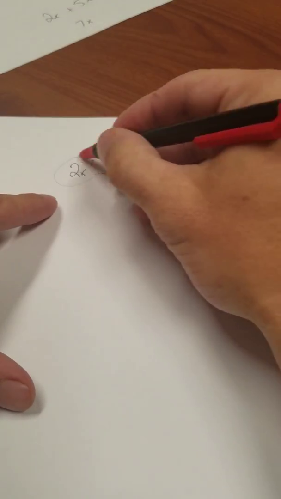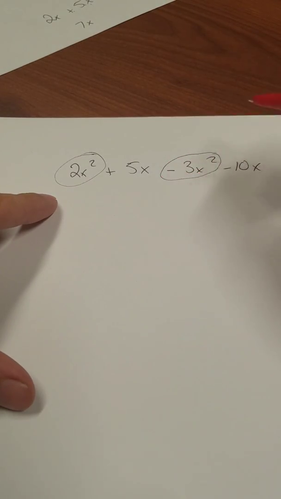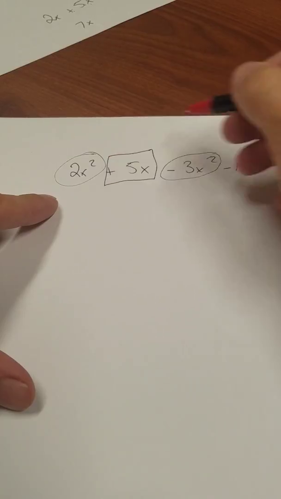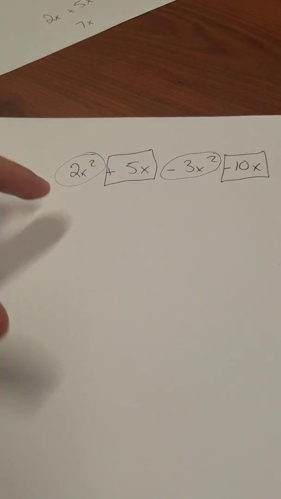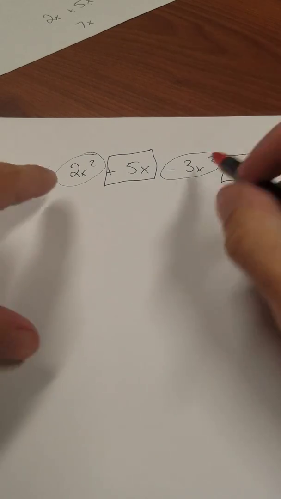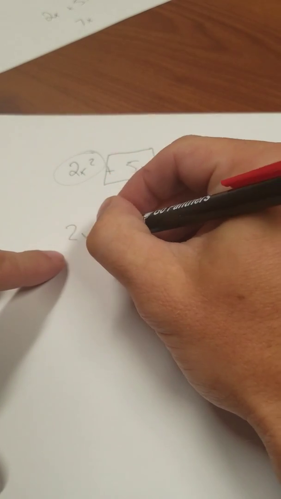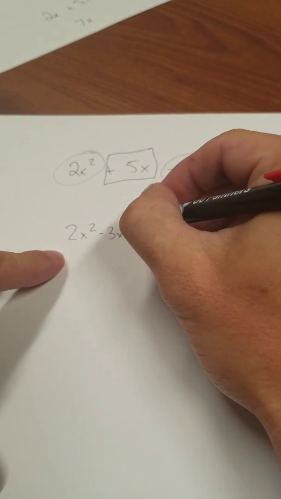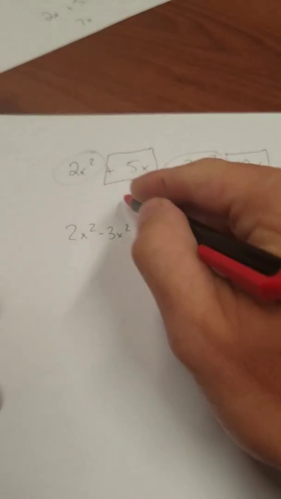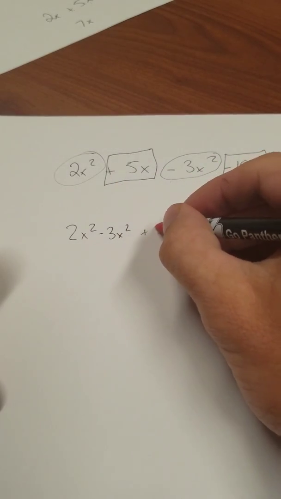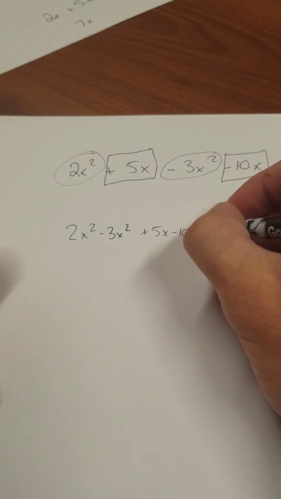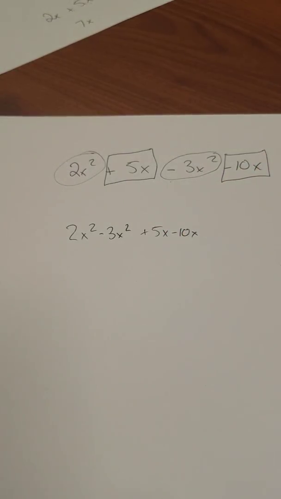So those are like terms, and those are like terms. Notice I'm putting a box around the sign with it because the sign has to travel with it. So I'm going to put these two things first. 2x squared minus 3x squared. And then I'm going to do this piece. 5x minus 10x.